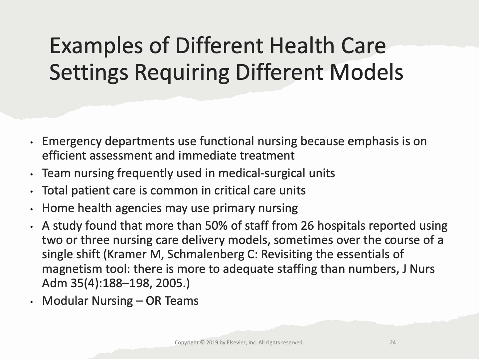That one nurse can't answer all 4 or 5 work call lights when they go off after breakfast. Critical care units often use total patient care, allowing for direct and comprehensive nursing responsibilities. Home health agencies, they may implement primary nursing to ensure continuity of care from admission through discharge.